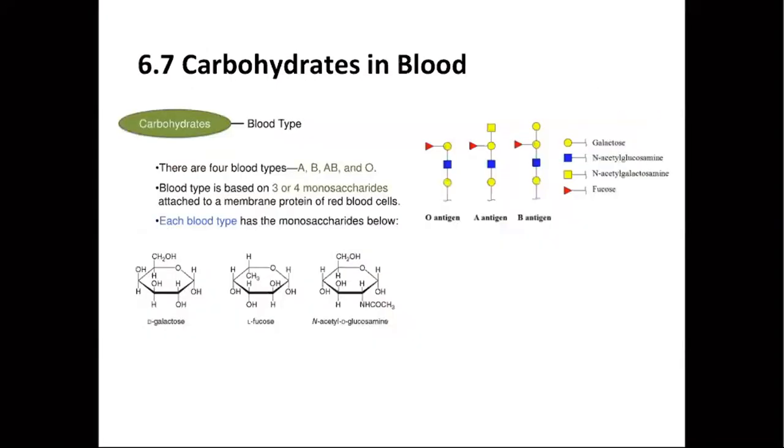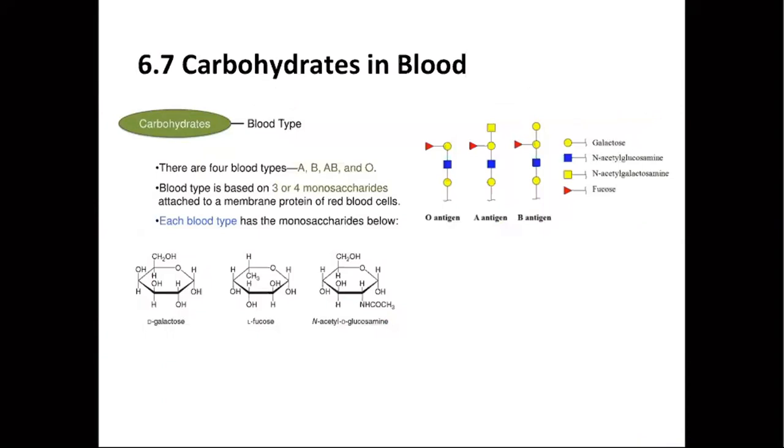Now, in addition to that, the last thing that I want to mention when it comes to carbohydrates is that carbohydrates are very important in determining blood types, okay? So let's understand that the red blood cells in their outer layer actually have different combinations of sugars.